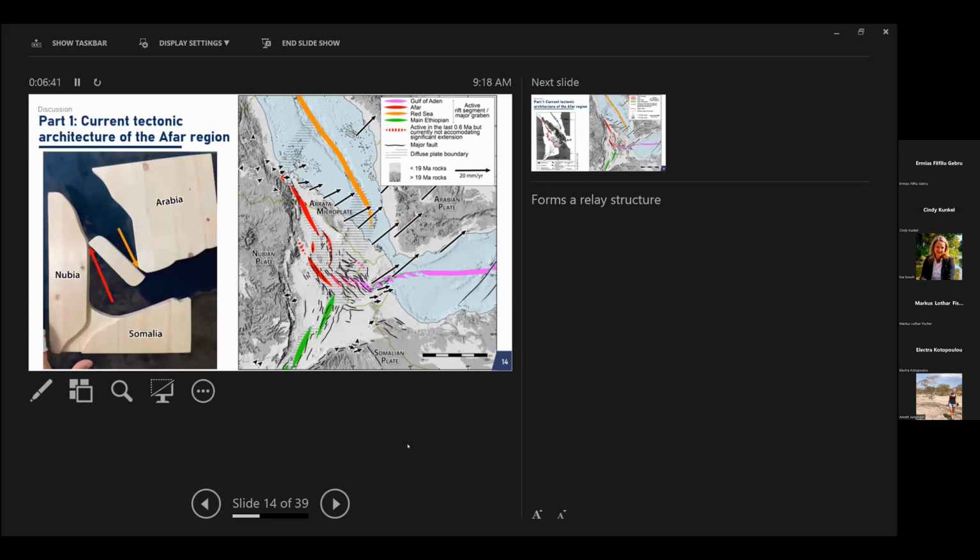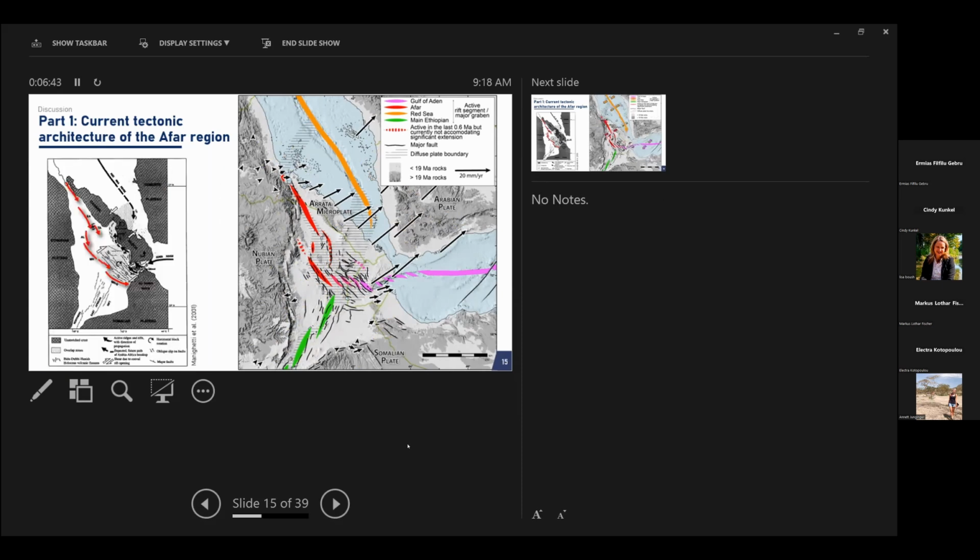And that goes in contradiction with a lot of the literature published since the late 90s, where a lot of authors have drawn arrows towards the south. And even this year, there have been papers, at least one paper published with these arrows towards the south. But we think that it's not correct, that the propagation is going towards the north.